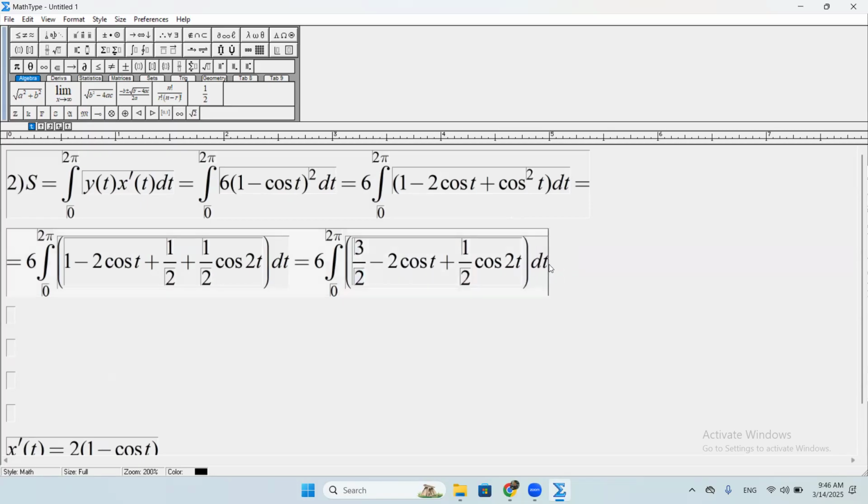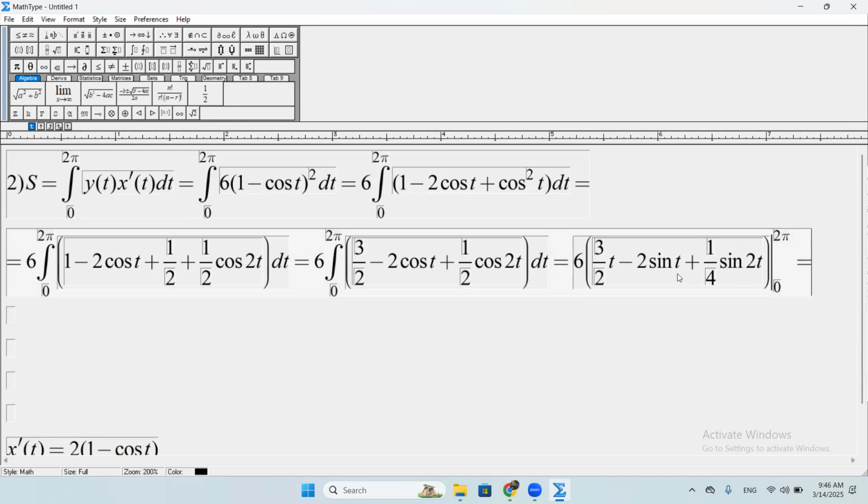And now we can integrate it. So what will we receive? 6 multiplied by (3 over 2 t minus 2 sine of t plus 1 over 4 sine of 2t) with substitutions from 0 to 2p.